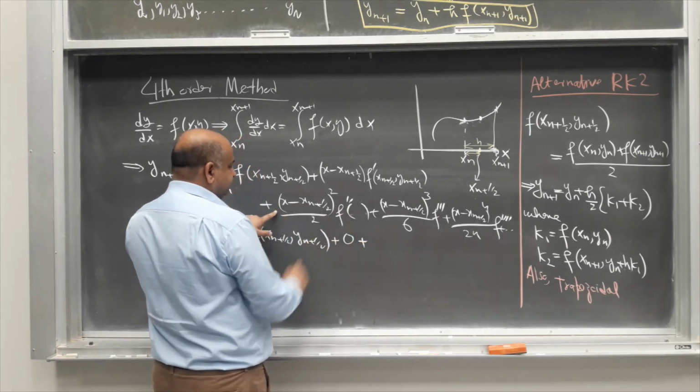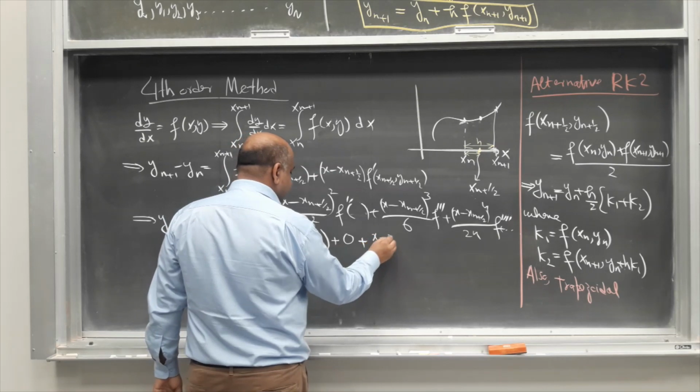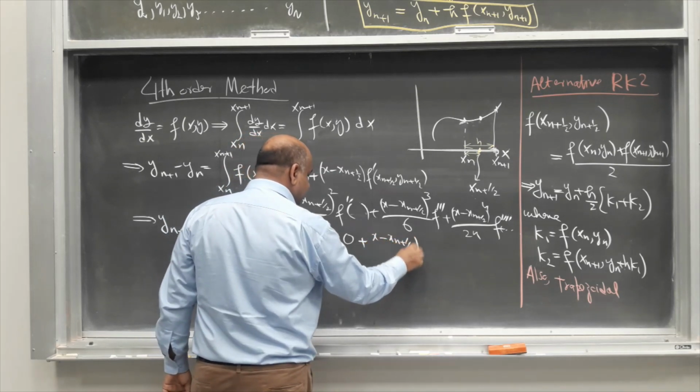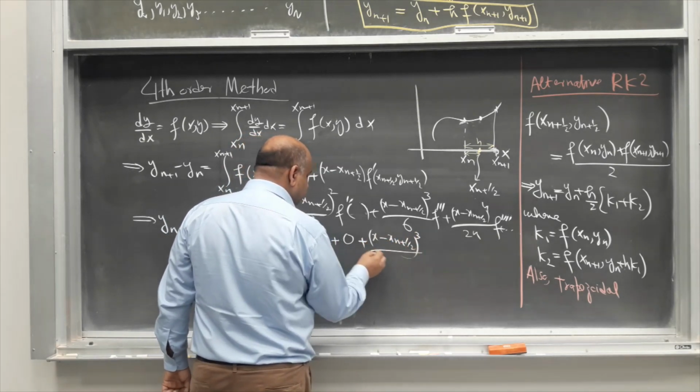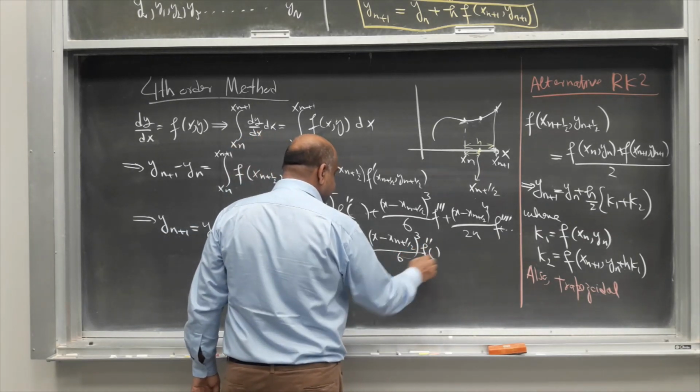From this term, I will get x minus xn plus half cubed over 6, f double prime.